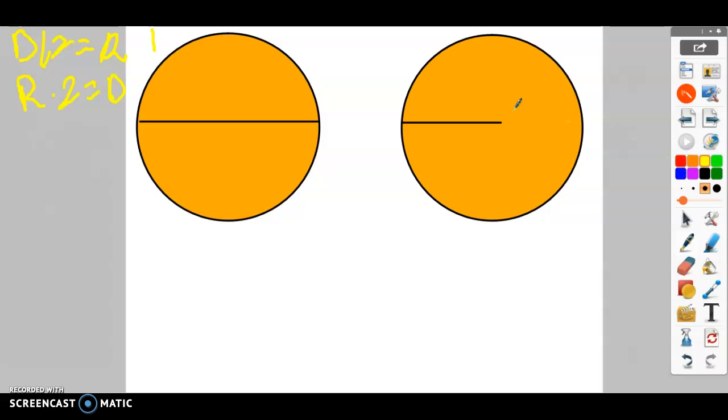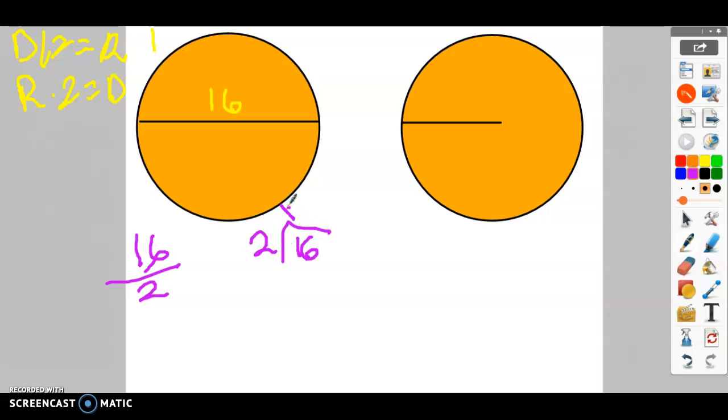So let's say we have a diameter of 16. Now we're going to divide 16 by 2 for us to get our radius. So remember, top, inside, and outside the bottom.